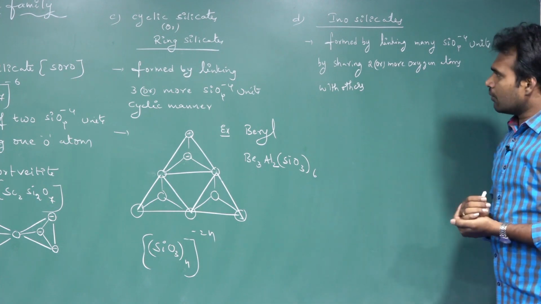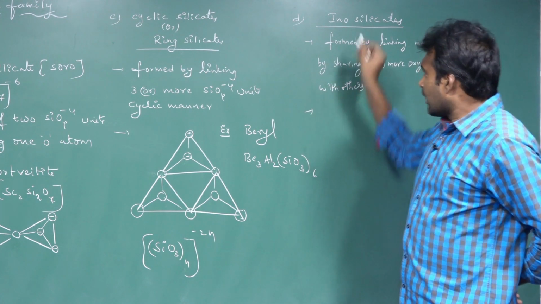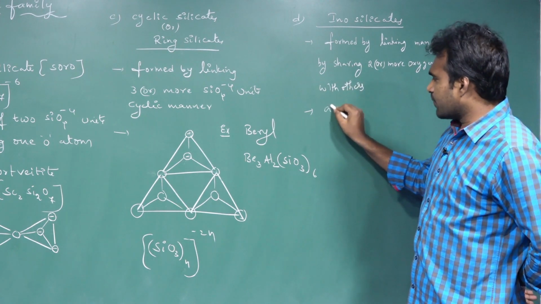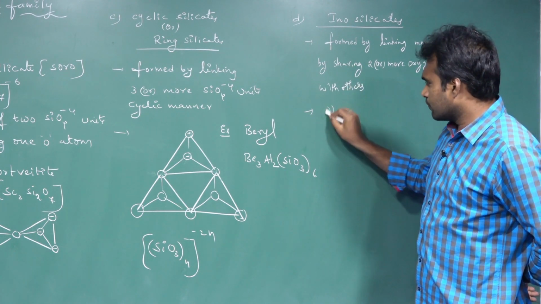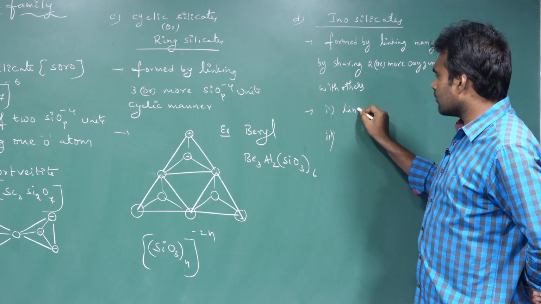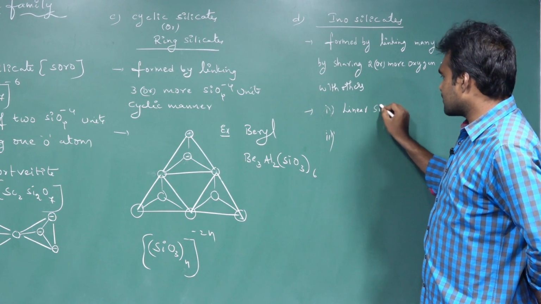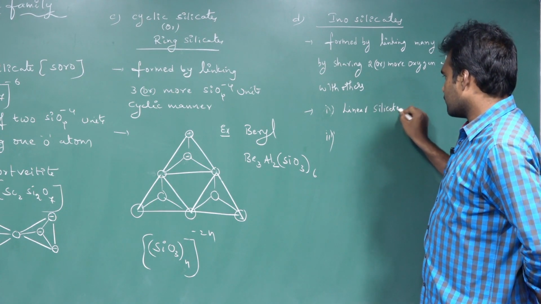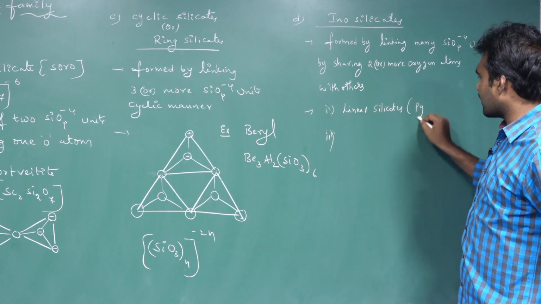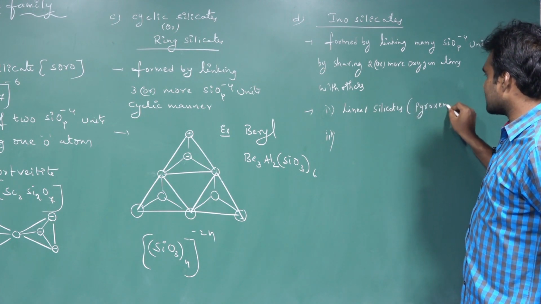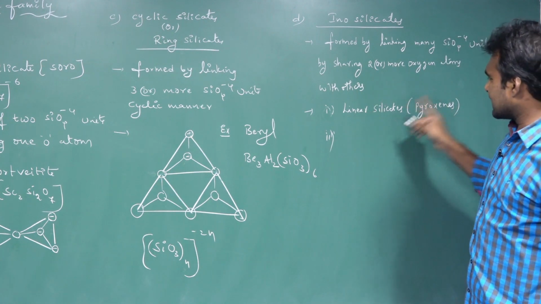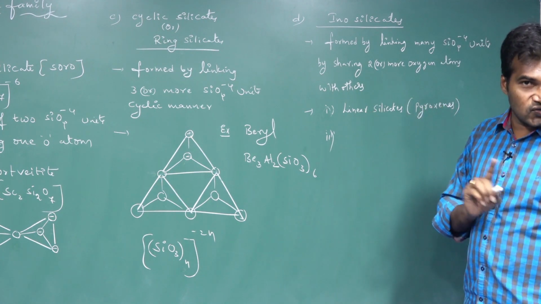Now come to the point. In inosilicates mainly 2 types are there. The first is linear silicates. Linear silicates we also call pyroxenes.